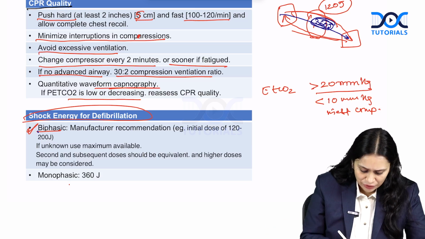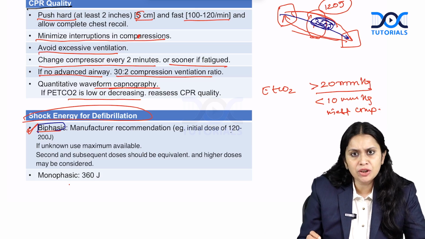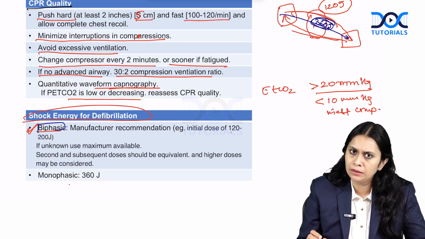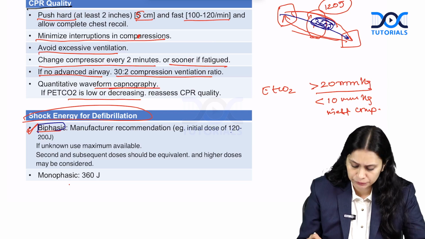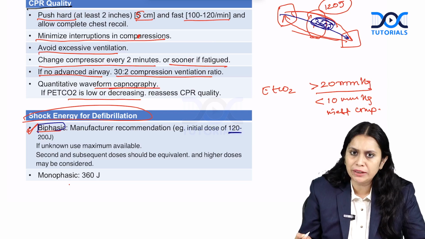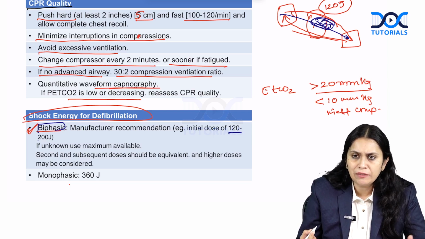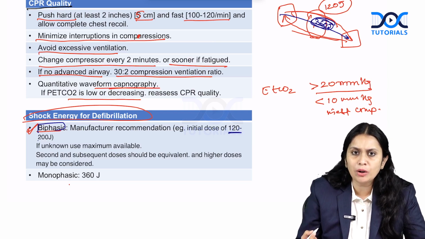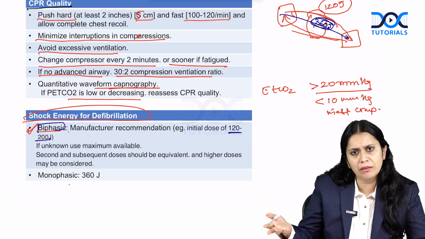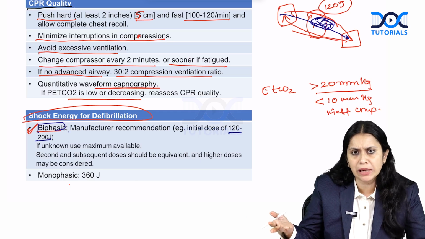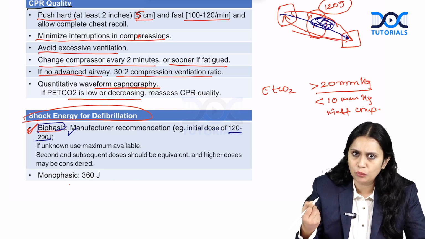If it's biphasic, the manufacturer of every defibrillator recommends a certain energy for defibrillation. We should always choose that as our first energy. So if, let's say, 120 joules is recommended, I start with 120 joules and increment on every subsequent shock, let's say up to 200 joules. If the defibrillator can deliver more, I can use that also. So biphasic, we start with 120.